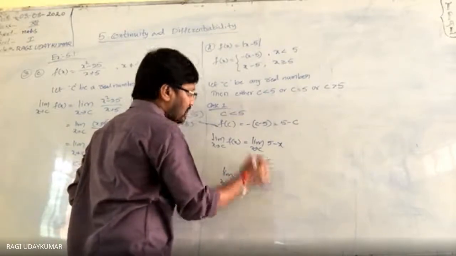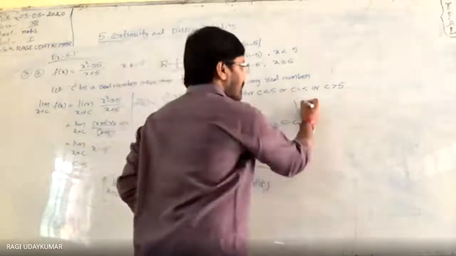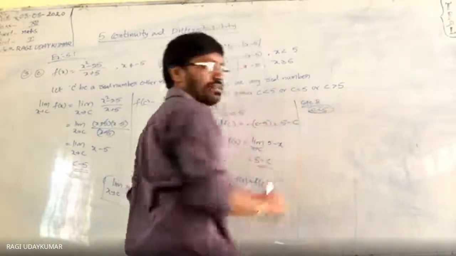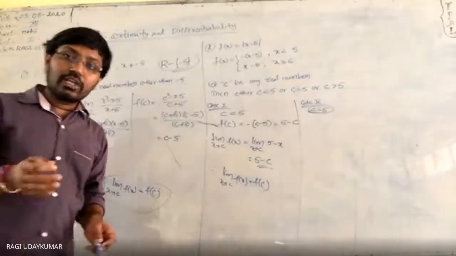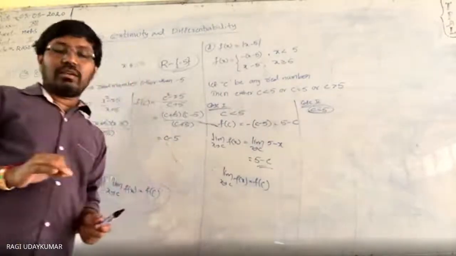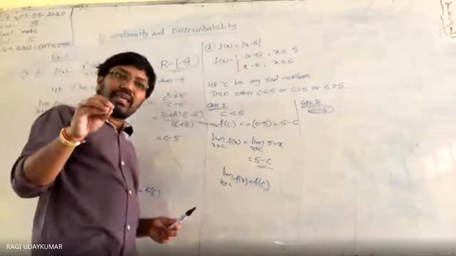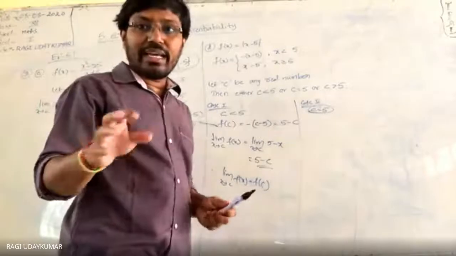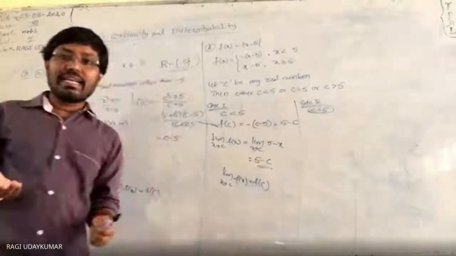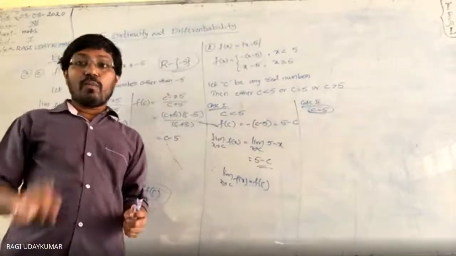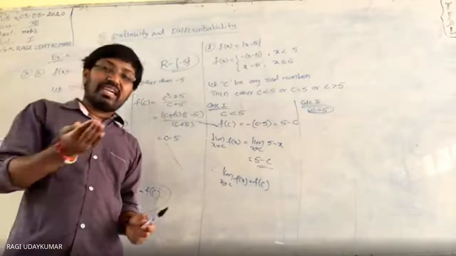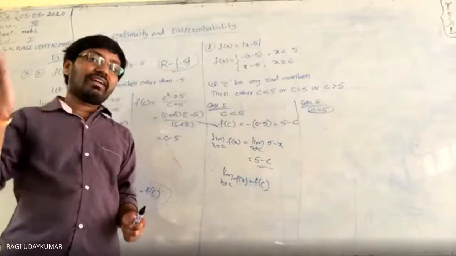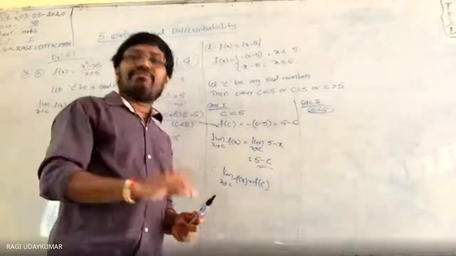And in case number 2, the second case, c is equal to 5. Whenever you take c equal to 5, here at this place the function is splitting, so to find the limit you need to find the left hand limit and right hand limit, both, because on the left side of 5 the function is going to change, and on the right side of 5 the function is going to change.